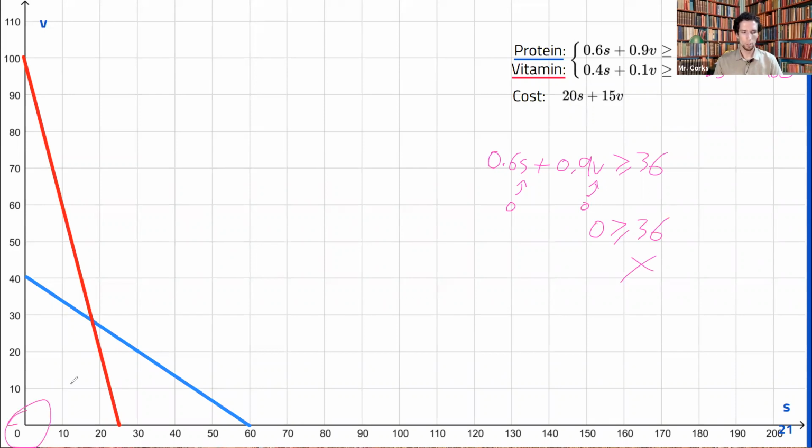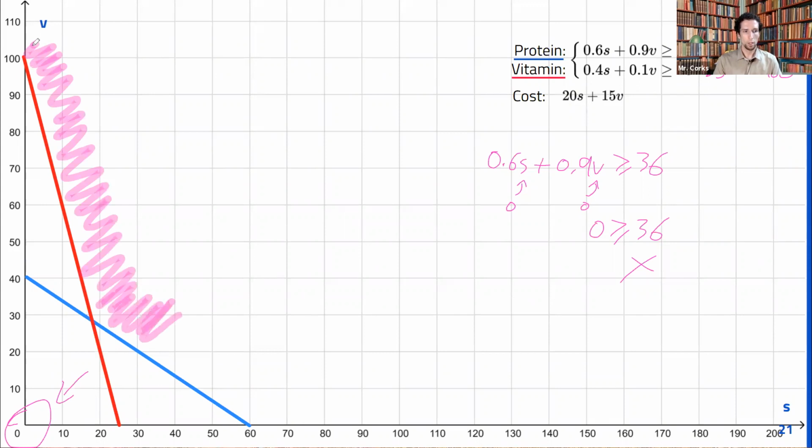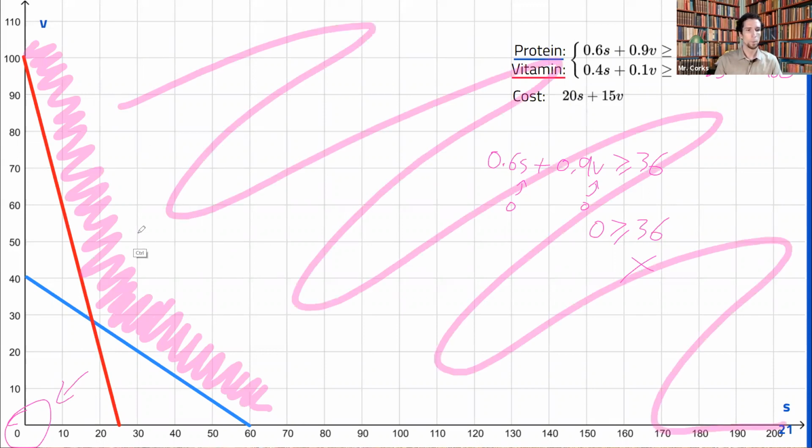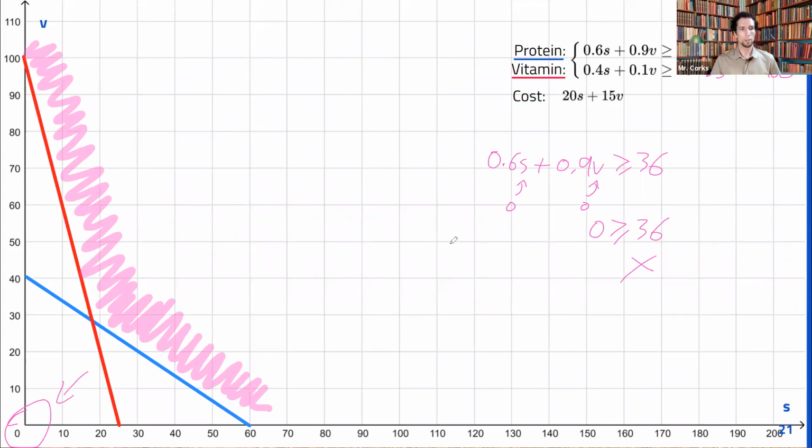So our origin down here is not included. Therefore, everything on the other side of both of these lines must be what we're shading in. For the one we just looked at, the blue one, everything above the blue line, and everything above the red line. When we put those together, it's this area here, extending off into infinity, all of this space as well. But I'm not going to shade all that in because it just looks messy.